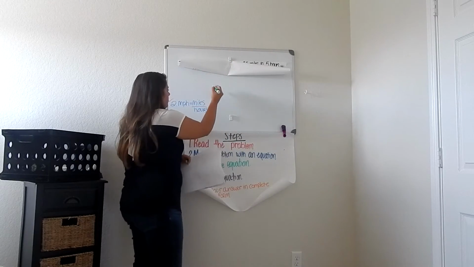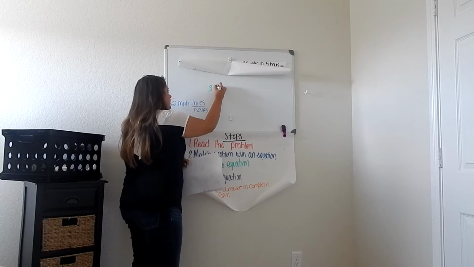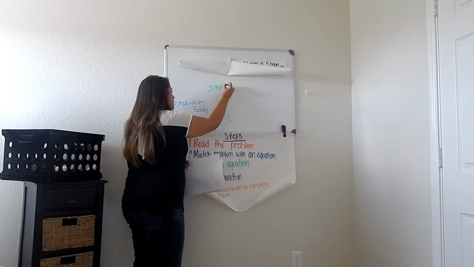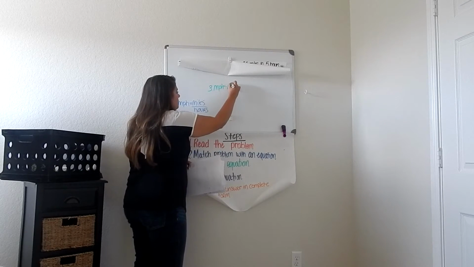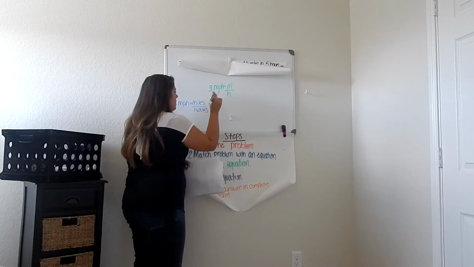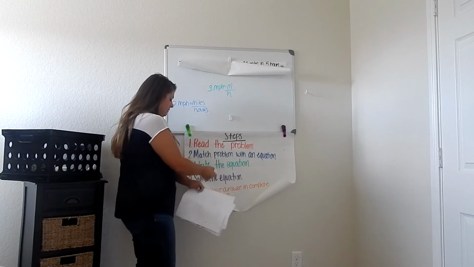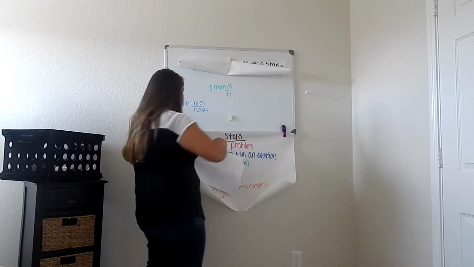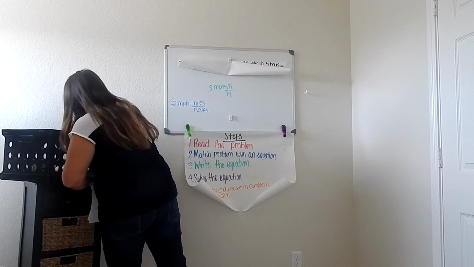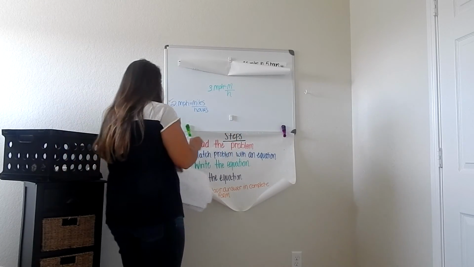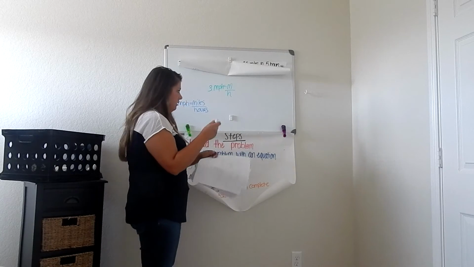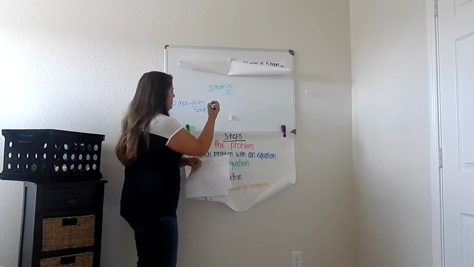All right, so third step, MPH equals miles divided by hours. So now we're going to plug it in, and that goes under solving the equation, right? Okay. All right, so let's do it.